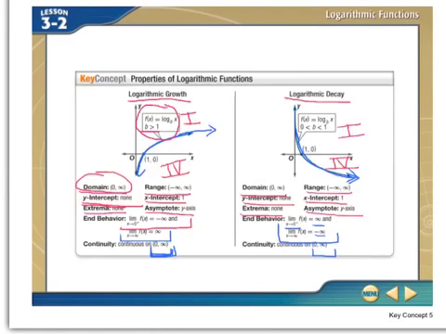And when your base is between 0 and 1, greater than 0 but less than 1, on a logarithmic function and on an exponential function, you would have a decay function. So when b, your base, is between 0 and 1, for a logarithmic function, it is going to be a decay function. Same thing happens with an exponential function when your base is between 0 and 1.